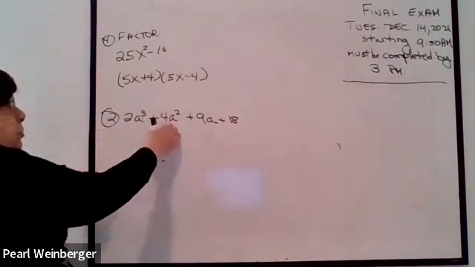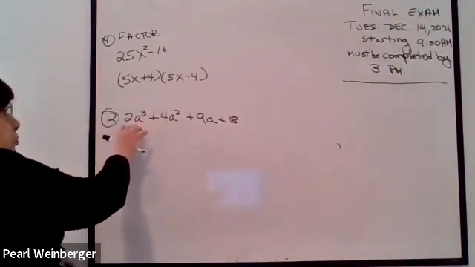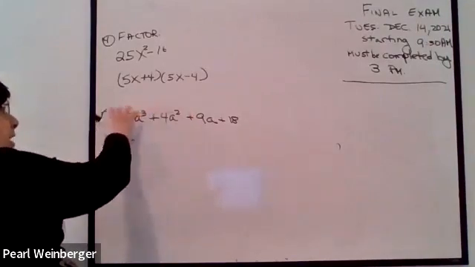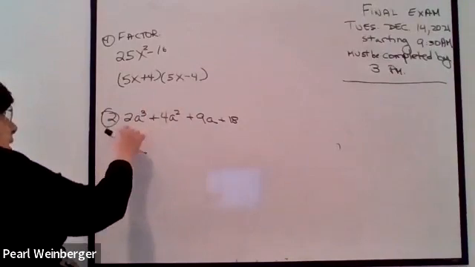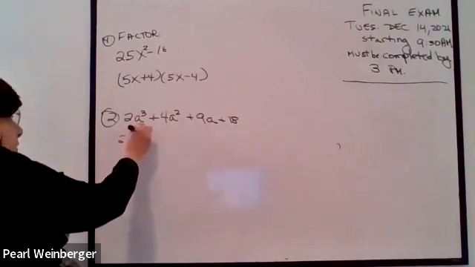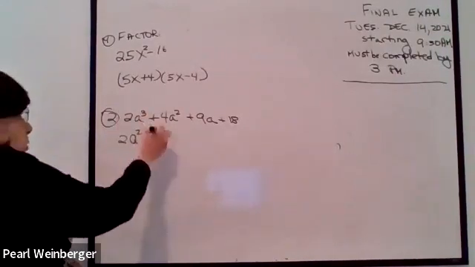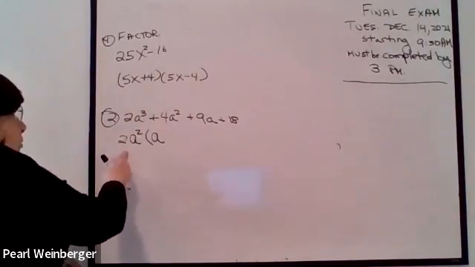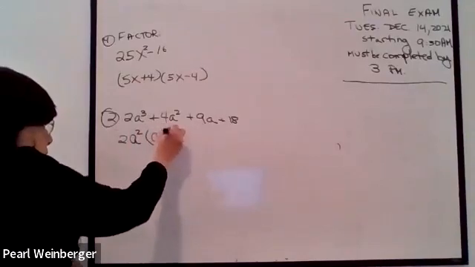We look at the first group of numbers, the 2a cubed minus 4a squared, and find a common factor of those two terms. And obviously it's a 2, and this is an a cubed and an a squared, so there's a common factor of a squared. And 2a squared into 2a cubed is a, and 2a squared into 4a squared is plus 2.